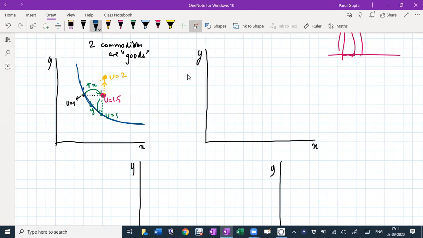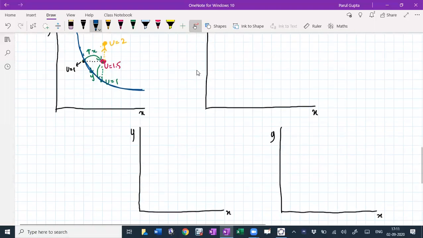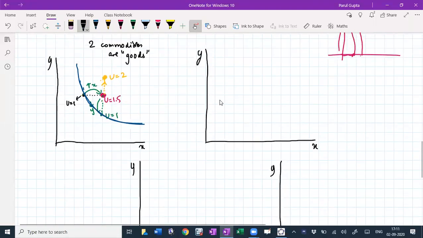This is possibly something you have not seen in your previous intro level courses. So I start from a bundle, let's say U equal to 1, and now I am considering that X is bad and Y is good, which means if you give me more of Y, I am happier, but if you give me more of X, I am worse off.